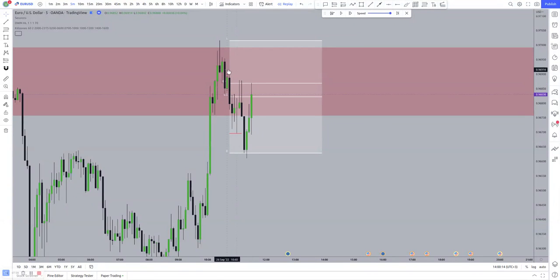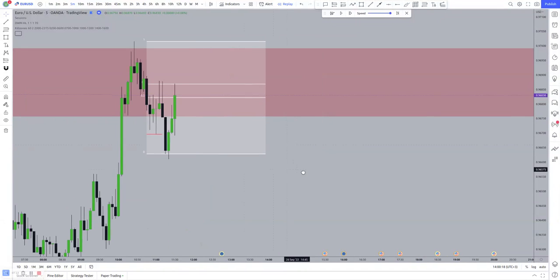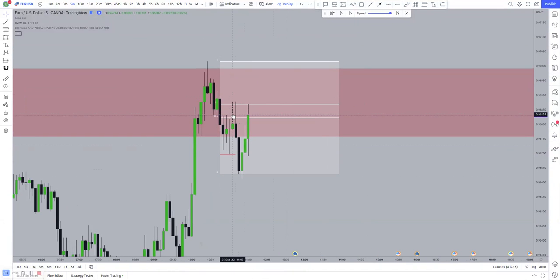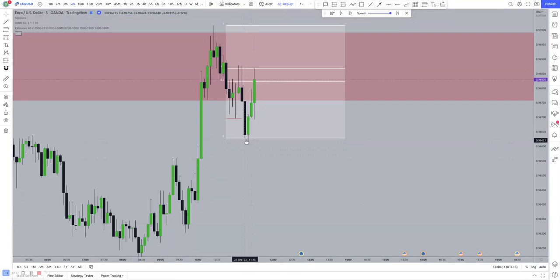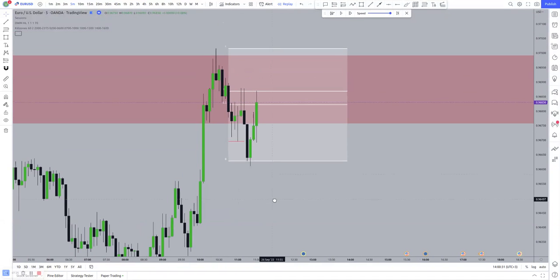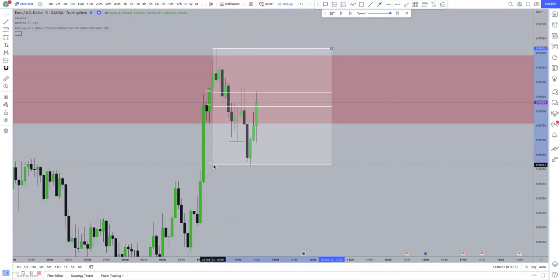So even though this candle could have been mitigated by these 2 candles right here, let me zoom in. This one, all right, but because we didn't see any big displacement right here, to me it is still valid. Now I'm using fibs to measure where my premium level is.